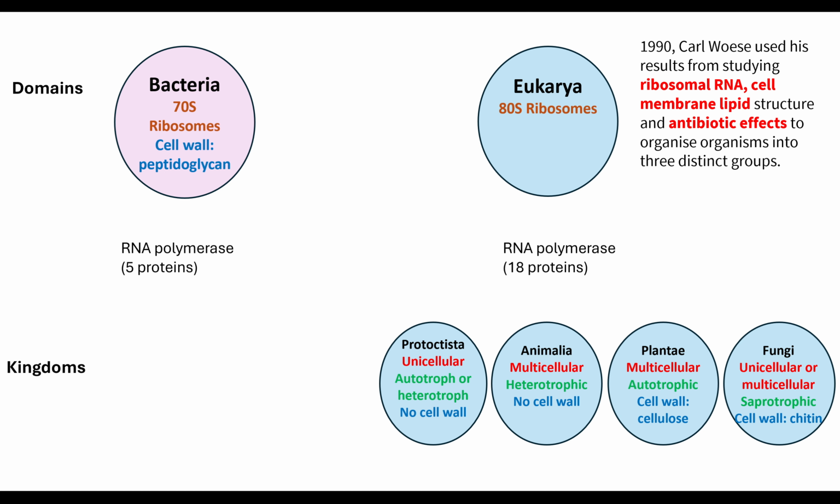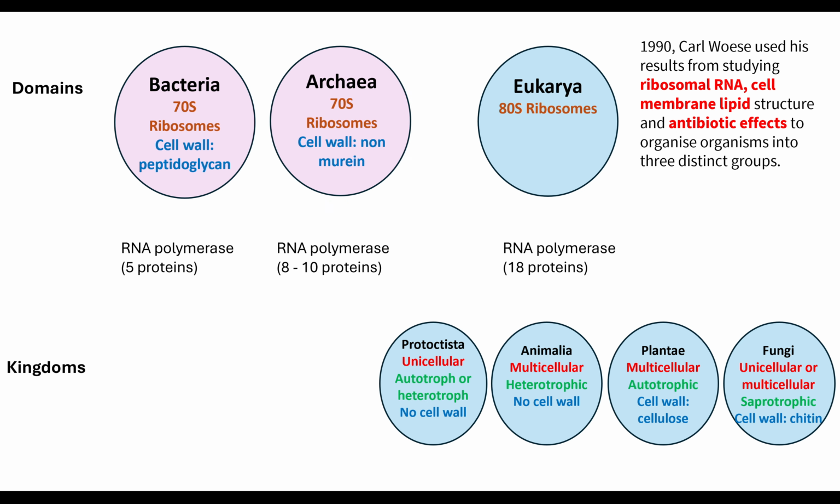Well, actually, Carl Woese, when he started to do this research, he realized that the prokaryotes needed to be separated into 2 different domains, because although they all have 70S ribosomes, their cell wall is actually made up of different substances.